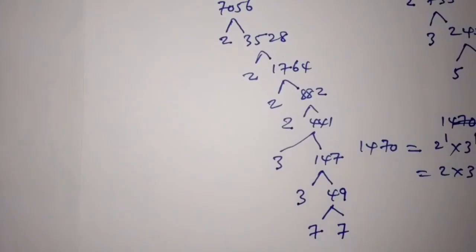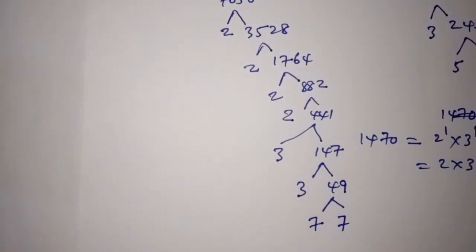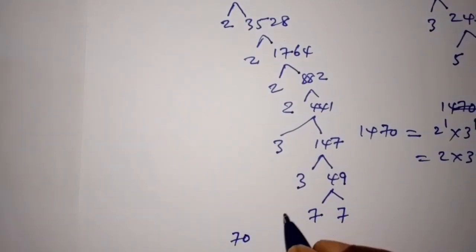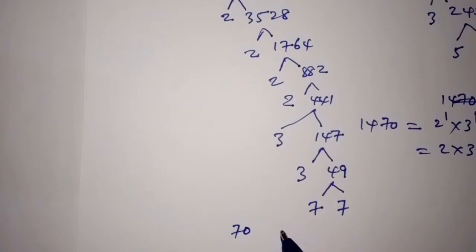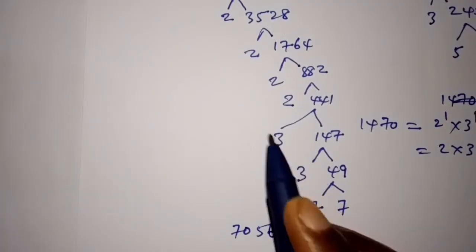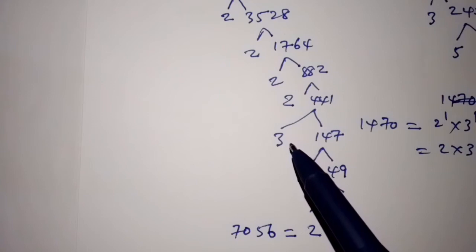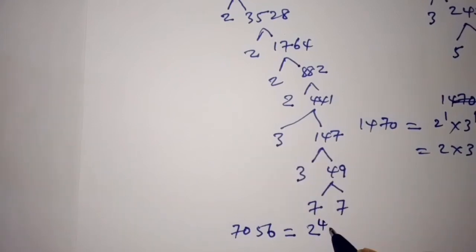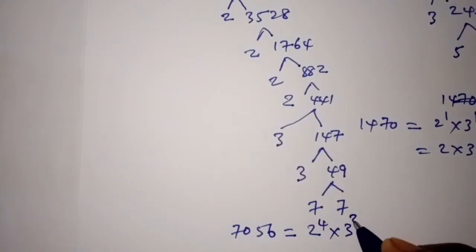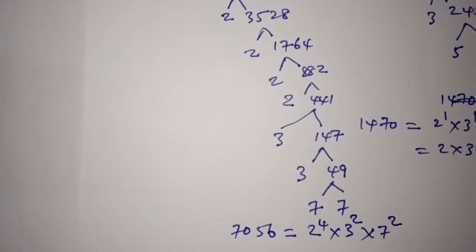So now we can say that the factors of 7056 are 2 power 4 times 3 power 2 times 7 power 2.